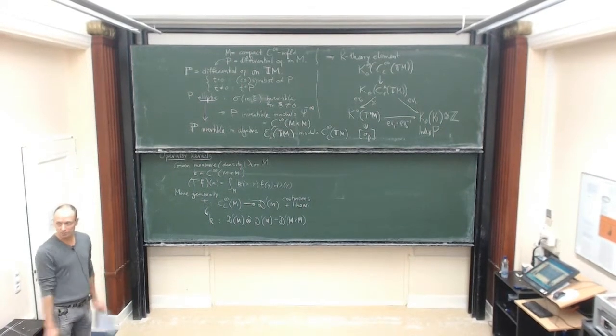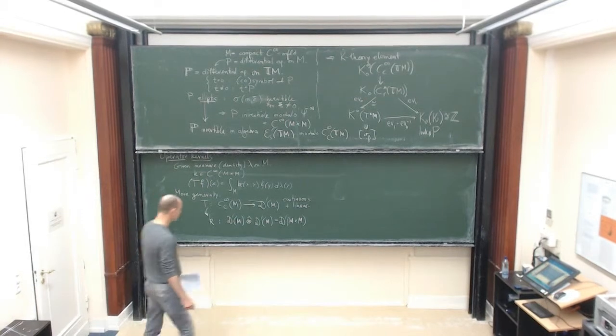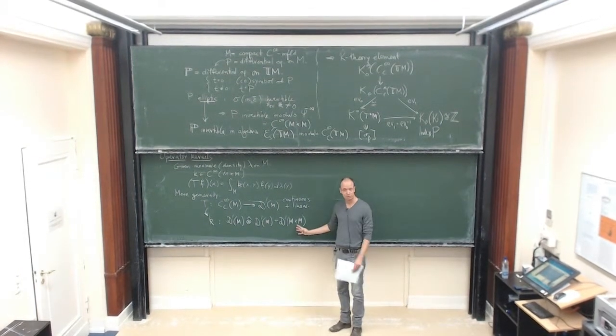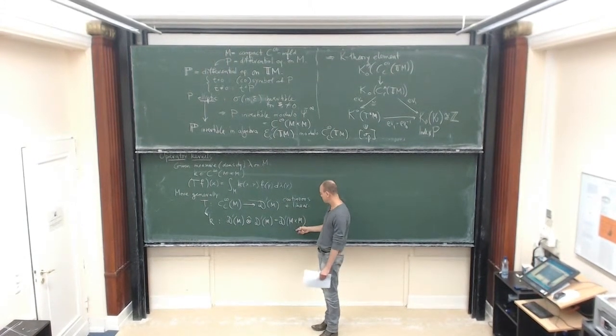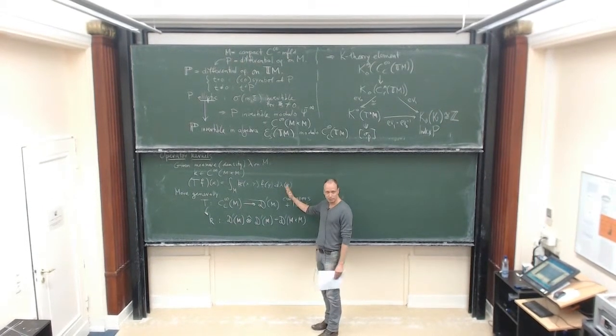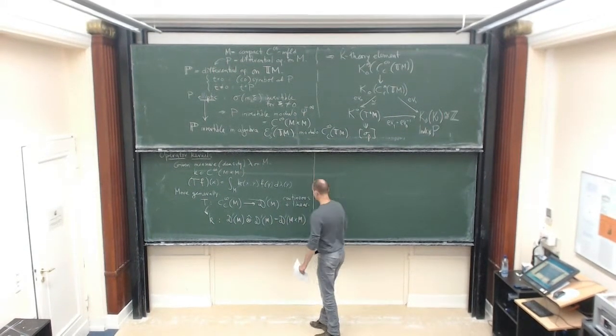Everything you would hope actually works, but it's a non-trivial amount of work to show this. But what's the lesson here? That a Schwartz kernel really is a distribution on M times M, not just a function. And the other thing I want to emphasize is that in this case, there's no measure. This lambda is absorbed in K itself, so you don't need this measure to define the operator.